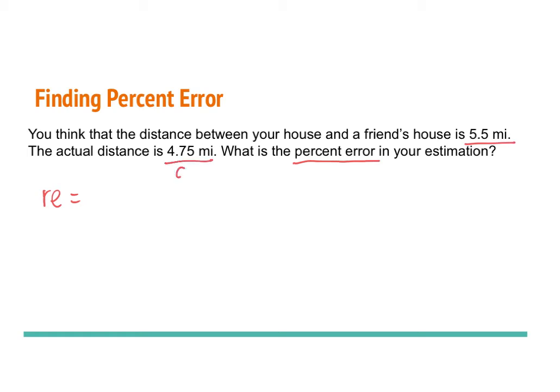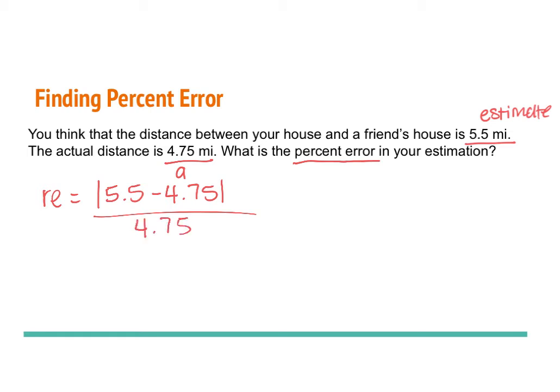Our actual is 4.75 miles, and our estimated, because you think the distance is 5.5 miles, is 5.5. So we take the estimated inside the absolute value, 5.5 minus 4.75, and then we divide by the actual, 4.75.